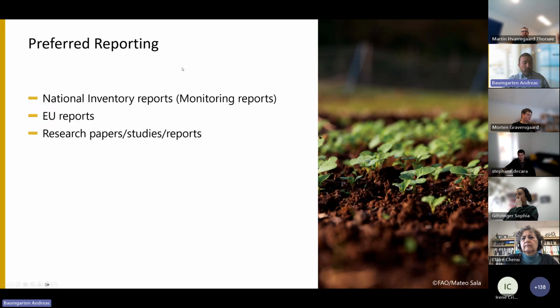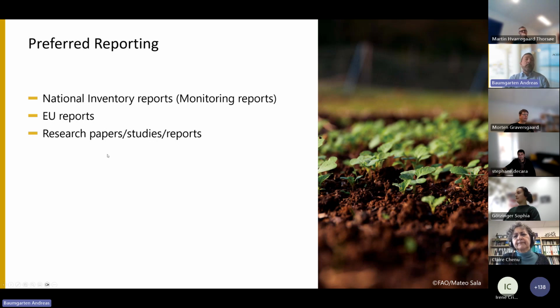It has also already been mentioned that especially for the greenhouse gas inventories, there should be a possibility to include these data into the greenhouse gas inventories, and this would also mean that there is a kind of reporting, especially for the private initiatives, to the national institutions that are doing this greenhouse gas inventory, to report the results so that it can also be included in this greenhouse gas inventory. And this, of course, is on the EU level, but this should, of course, also be on the national level.